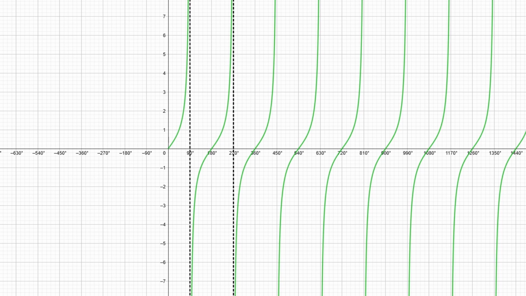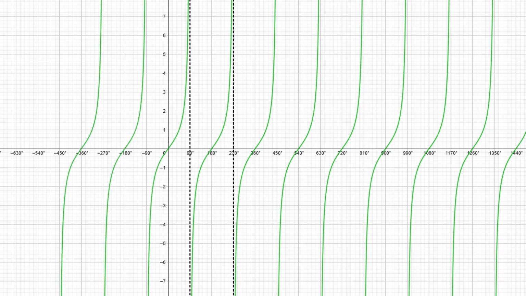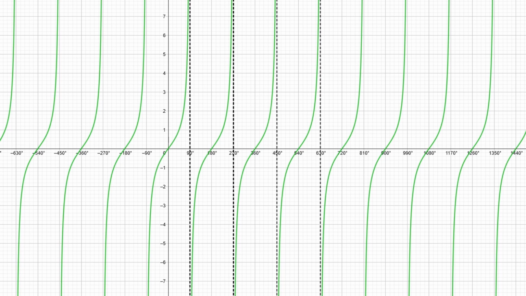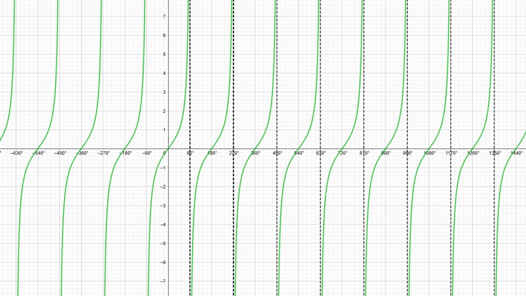The pattern will repeat for values of x less than 0. And these asymptotes will also repeat every 180 degrees, either in the positive direction, but also in the negative direction.